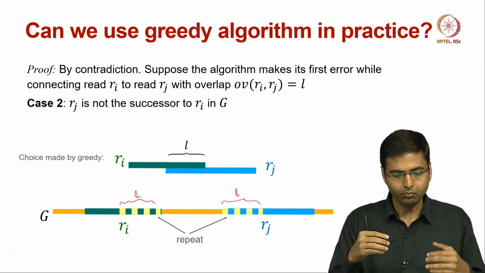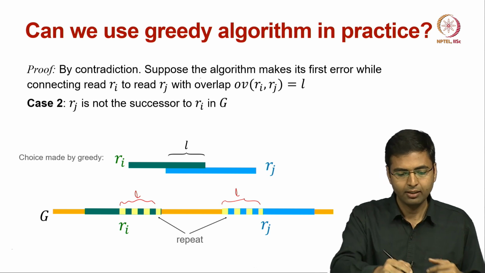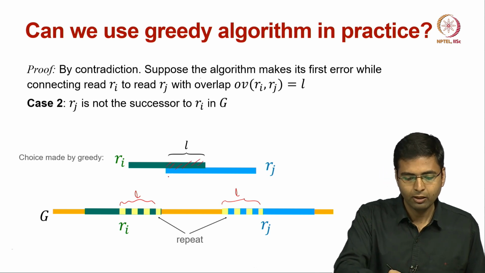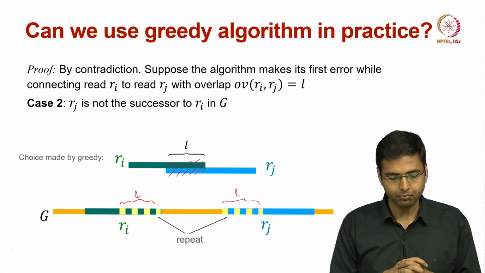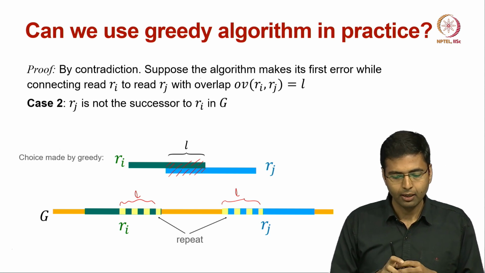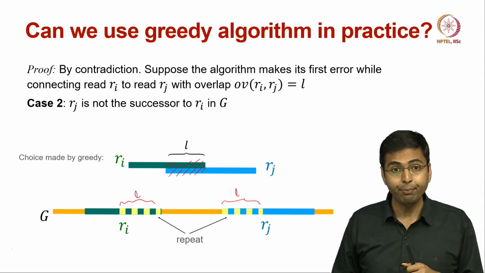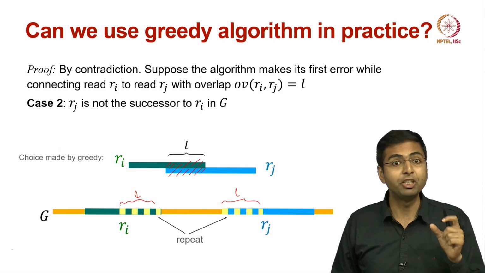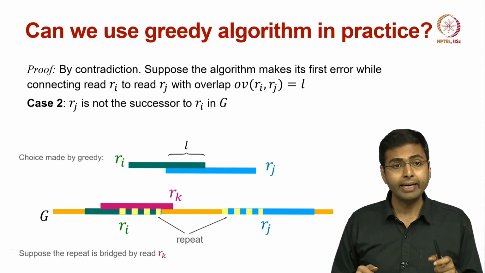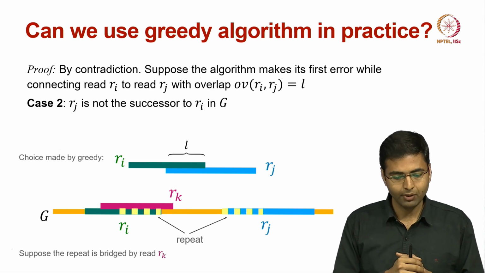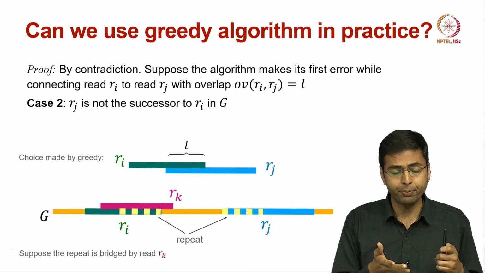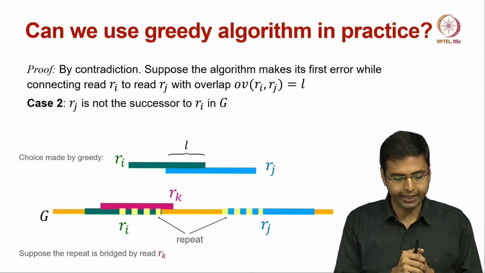Because of the suffix-prefix match, we know that there is a repeat in the genome sequence G. Now, because of this repeat and because we know that every repeat in the genome is bridged, let us say that the first repeat copy is bridged by some read Rk.